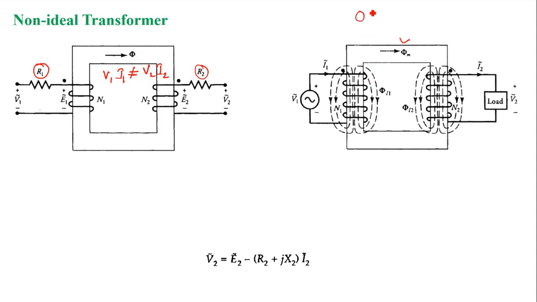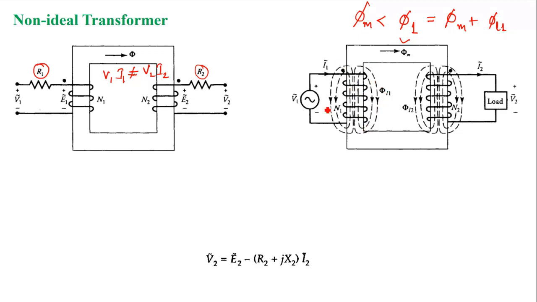Let us say phi 1 is the flux produced by the primary winding. So the mutual flux will always be less than phi 1, and I can write phi 1 equal to phi m plus phi L1, that is the leakage flux in the primary winding.